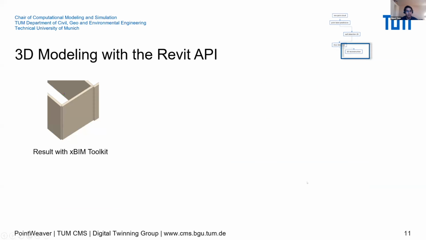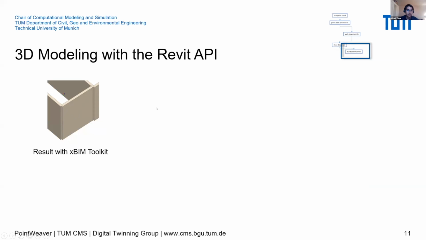Finally, we did the 3D modeling. We tried to use the XBIM toolkit for this task, but as you can see here, while working with the middle points of the walls, there are some not well modeled joints in the corners and in the intersections of the walls.